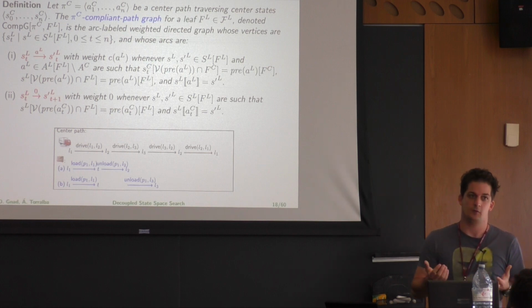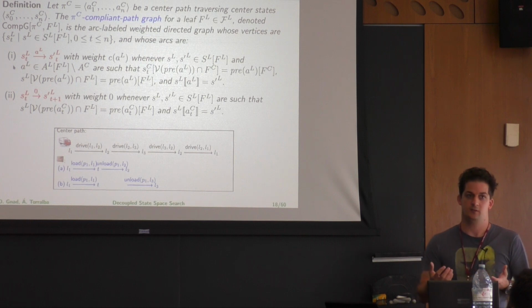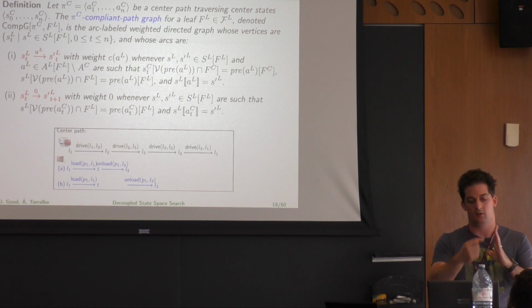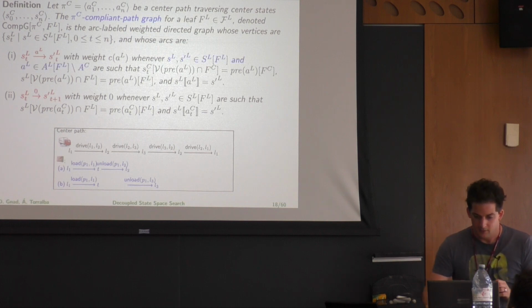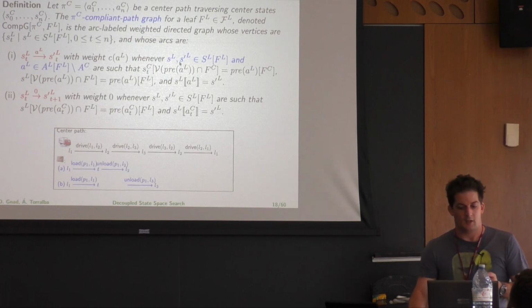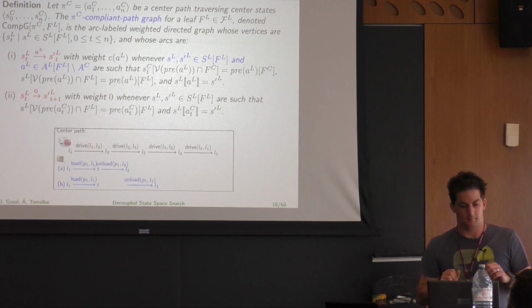So there are 2 types of transitions in these compliant path graphs. The first one is leaf actions that are within a layer. They do not go from one layer to the other. It's really just in the layer, and we have a transition from a state S to a state S prime if and only if S and S prime are leaf states of this current leaf factor, and AL is also a leaf action of this leaf factor.